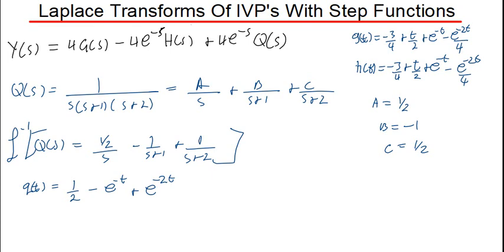By the way, this is 1 over 2, so that will be divided by 2. So there we have it. Our q of t is equal to 1 over 2 minus e to the minus t plus e to the minus 2t divided by 2.